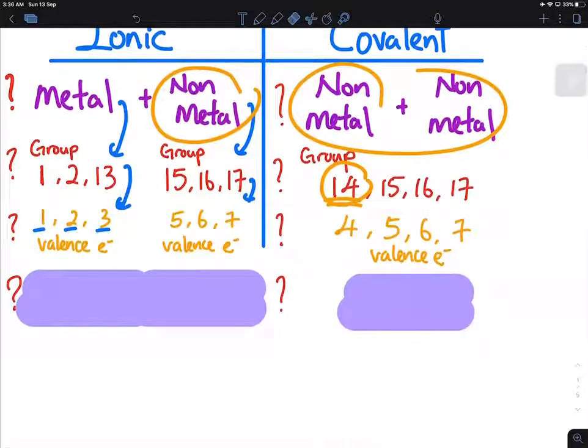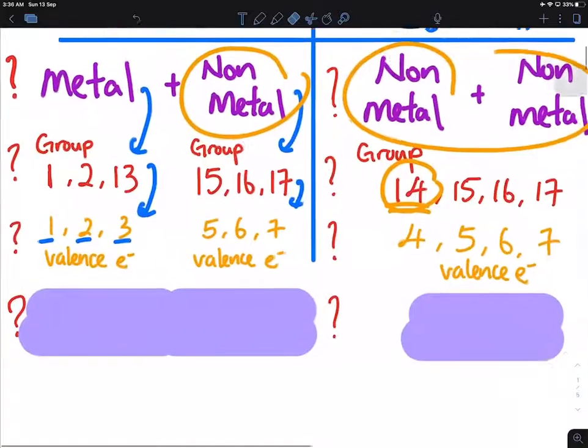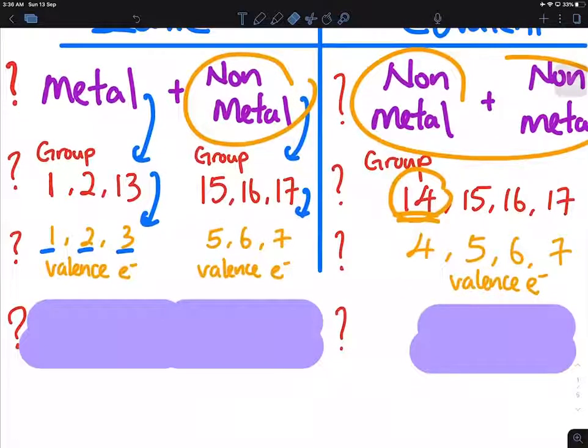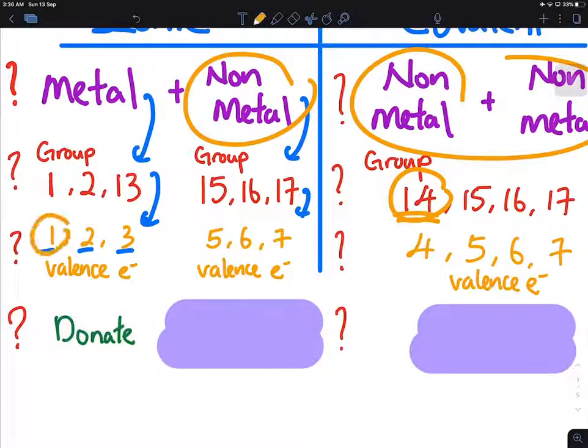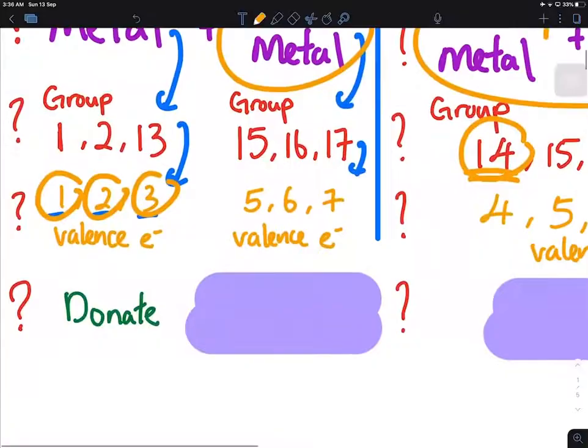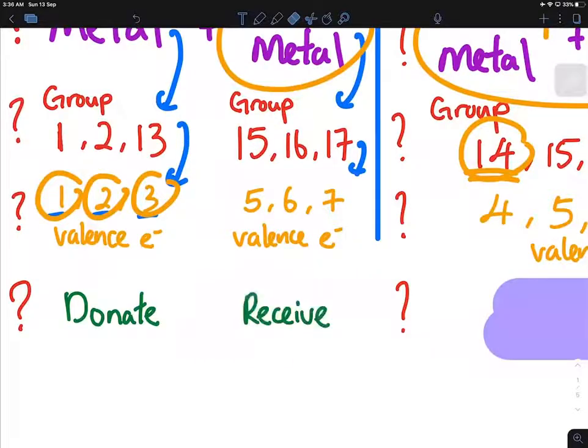Next. How do elements that come from different groups combine together? For metals, they donate electrons because they have 1, 2, 3 extra valence electrons. They will donate these extra valence electrons away to the non-metal who is going to receive. You see, 5: in order to become stable, it needs 3 more.